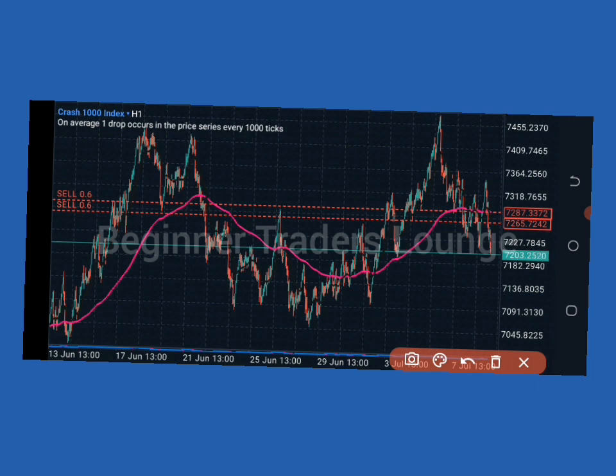So after checking the trend, a good trader will as well mark some areas to be able to know what happens when the market gets here, this happens or that happens on the instrument, the security. As you can see, Crash 1000. And after marking, then you switch to a bit lower time frame to check or wait for your opportunities to buy or to sell the security or the instrument.